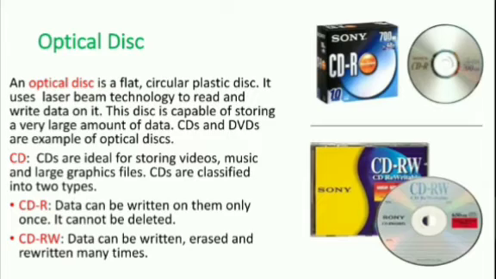CDs have two types, CDR and CDRW. CDR means CD recordable, CDRW means CD rewritable. In CD recordable, data can be written only once and cannot be deleted. In CD rewritable, data can be written, erased, and rewritten many times. This is the difference between CDR and CDRW.